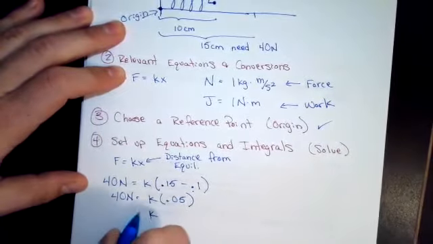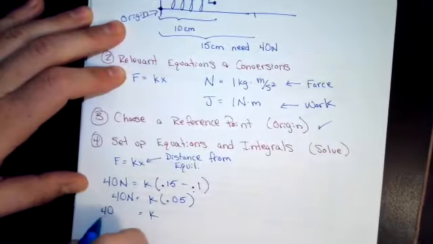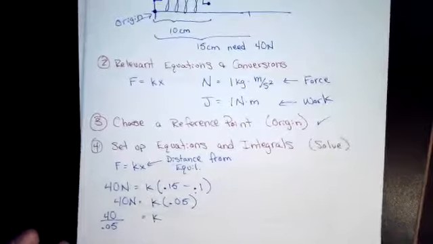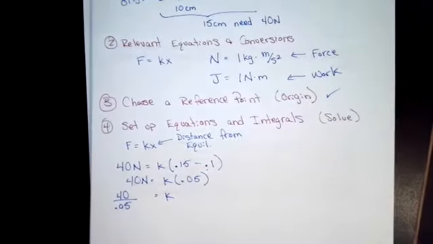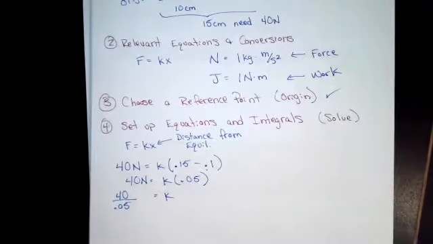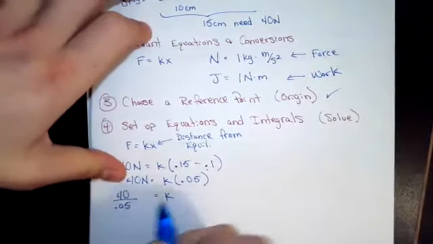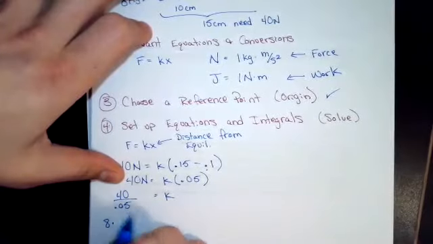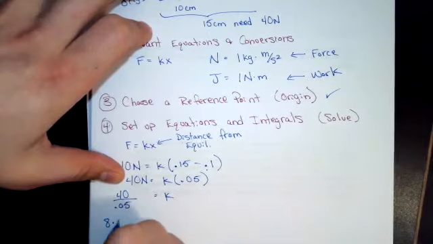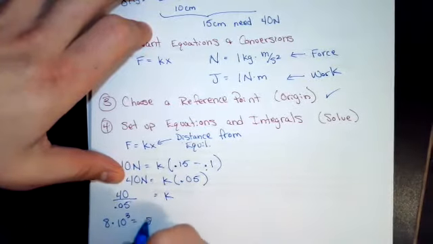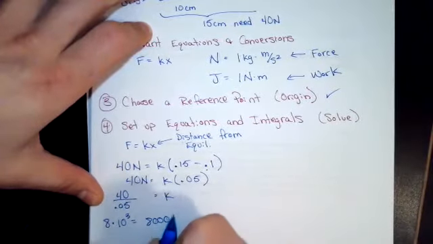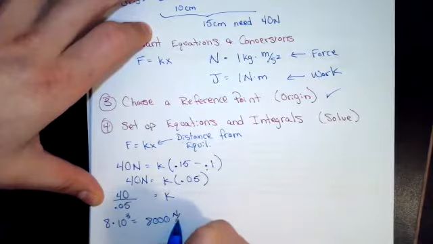And so my k is 40 divided by that. Unfortunately, it looks like some of these homework problems might need calculators, or maybe we just have to do that by hand. So 40 divided by 5 is what? 8, times 10, and then I'll have 2 powers of 10 in the bottom. Yeah, so it should be times 10 cubed. So 8,000. And of course, the units there are going to be newtons per meter.